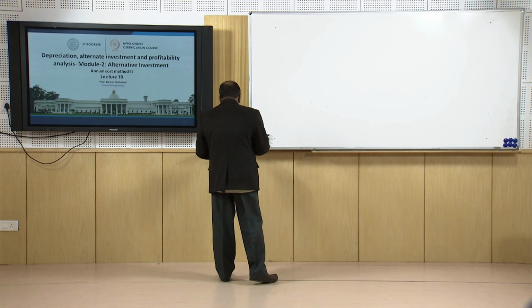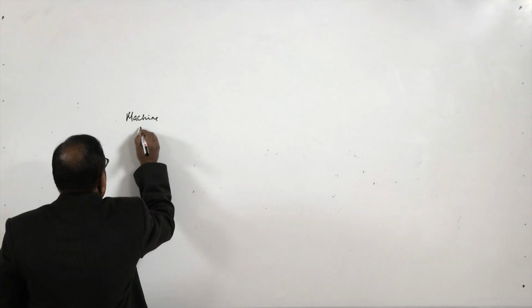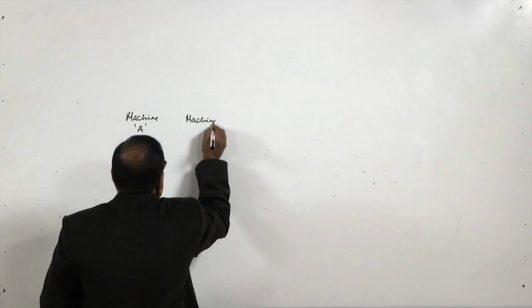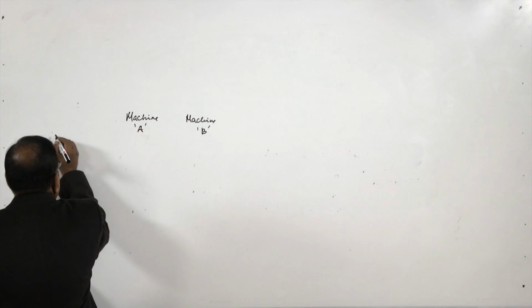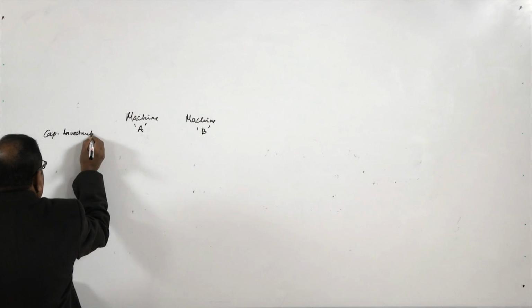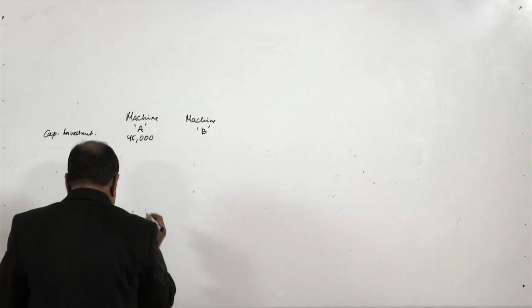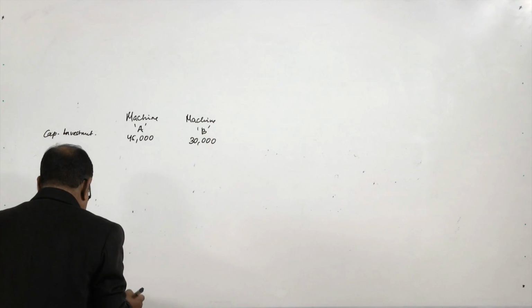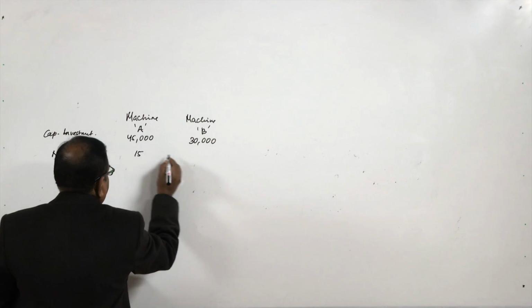Now, here again we have machine A and machine B. Capital investment is 45,000 and 30,000. Estimated useful life, that is N, value is 15 and 10.